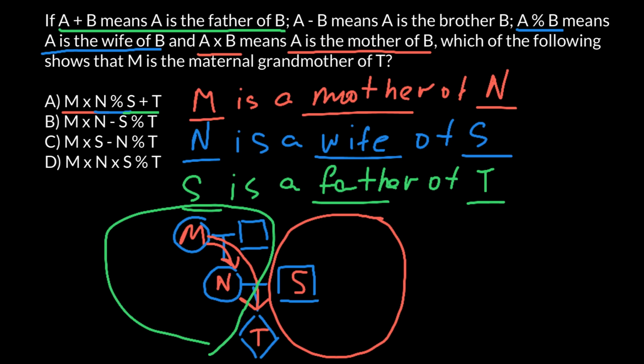There also can be relatives on this side, because a father of t also has his own father and mother and maybe siblings, but we call this the paternal side of t, and the relatives on this side that have a blood relation to t are maternal relatives. So as you see, the correct answer is A.